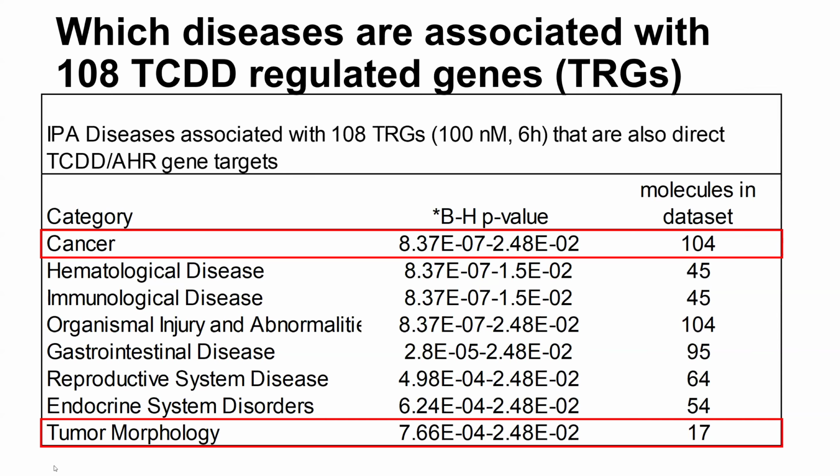Okay. So we got some other interesting associated processes, but I think the power of it is this. Down here at the bottom was tumor morphology. This was not a process that was linked necessarily to the aryl hydrocarbon receptor, but it identified it as being a process associated with those genes.